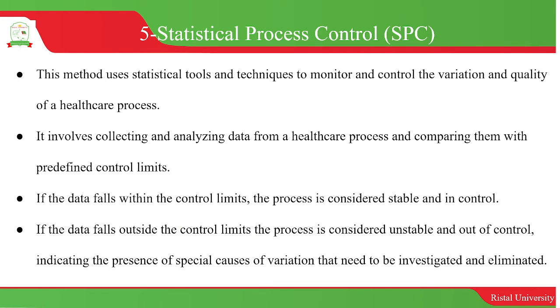We have the statistical process control, SPC in short. This method uses statistical tools and techniques to monitor and control the variation of quality of healthcare processes. I may not talk so much about this, but already we know the statistical models we use. We look at probability sampling.